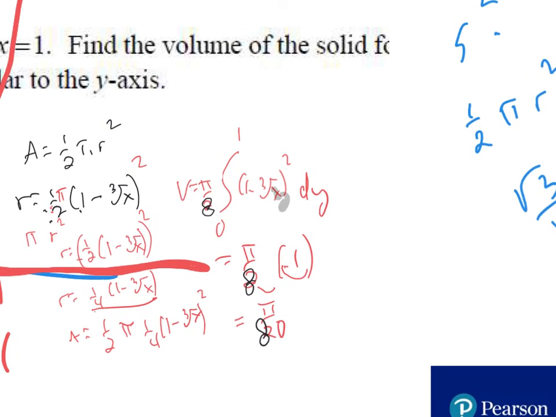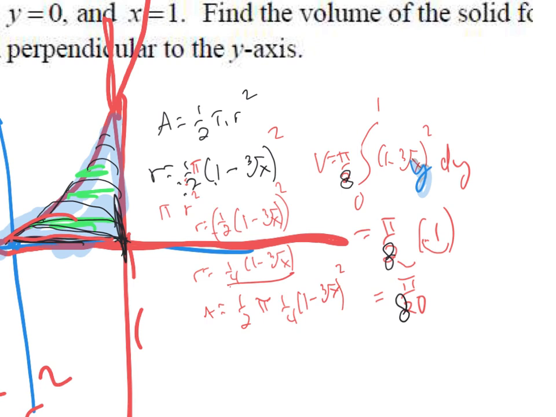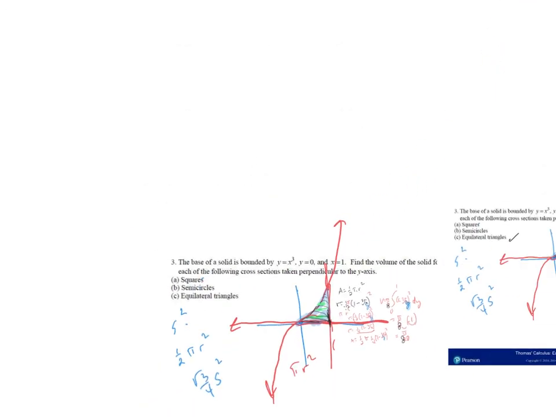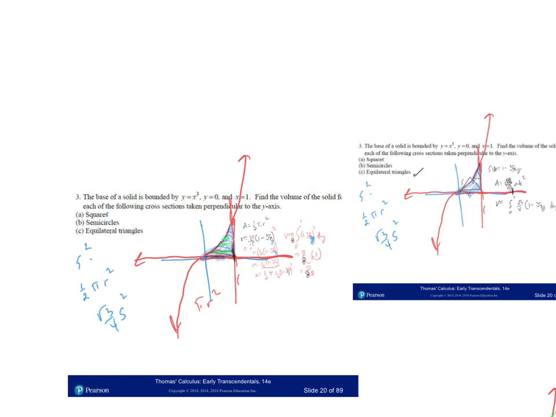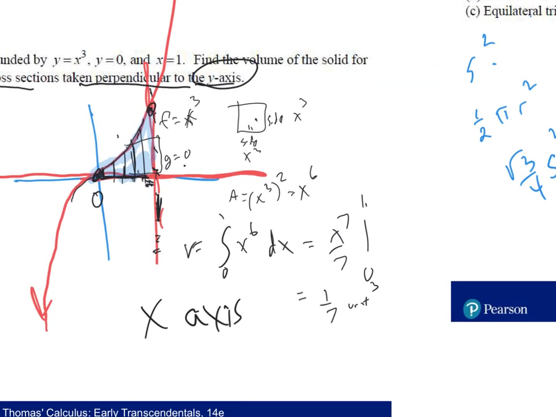Every one of these should have been a y. Let me just do them all in blue, a dark blue. Cube root of y, cube root of y. I'm not going to do every single one. Are you kidding? Who cares, right? I can't stop.